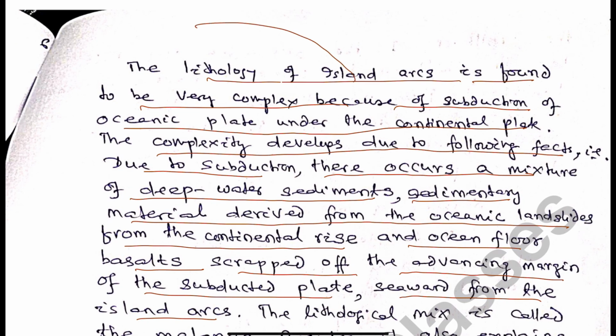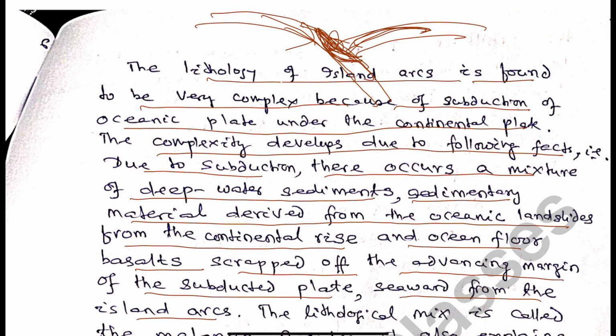So when the oceanic plate is subducting, this is the continental plate, portions of this descending plate may be scraped because it is forcing itself down like this, and it is facing resistance of this plate.